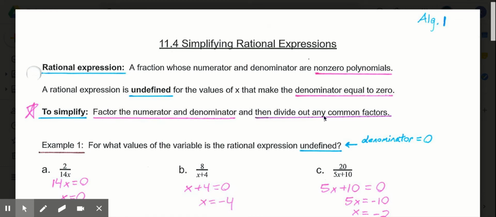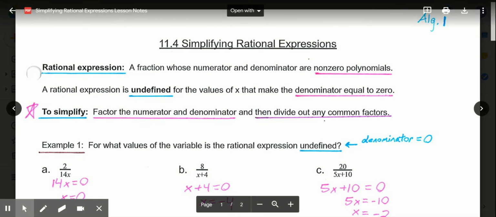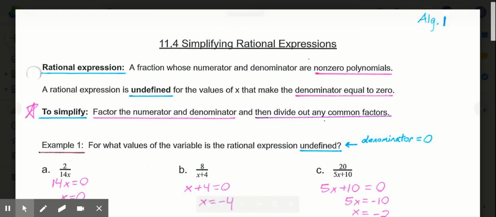We already looked at a few different ideas related to ratios, percents, and things of that sort that involve rationals. A ratio becomes a rational expression, simply put, when a fraction has a numerator and a denominator which are both non-zero polynomials.